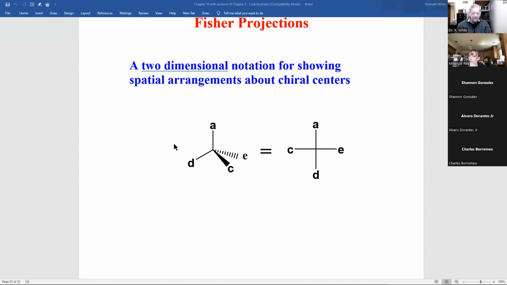In a Fisher projection, you rotate it, then squish it flat. So it looks like it's flat, but it's really 3-dimensional. And Emil Fisher helped organic chemists with sugar chemistry. This will not be on the test.